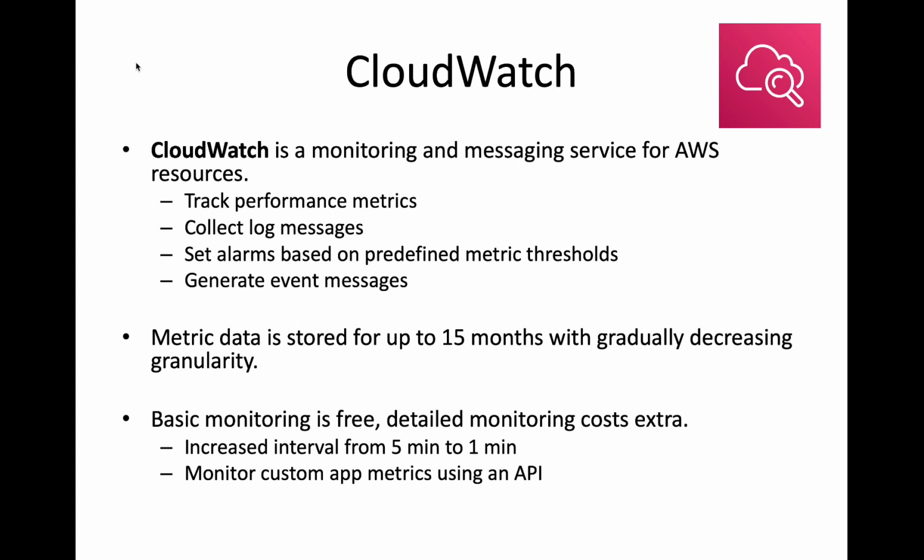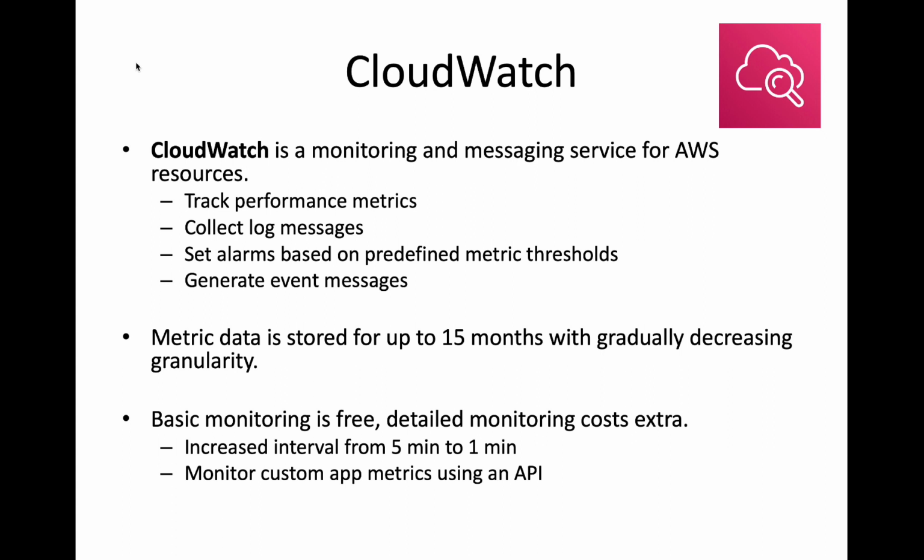The metric data that CloudWatch stores is going to be stored up to 15 months with a gradually decreasing amount of granularity. What that means is that the data you see in CloudWatch is going to be very finely detailed for the first few weeks or first month, meaning that you can see metric data for every 5 minutes.